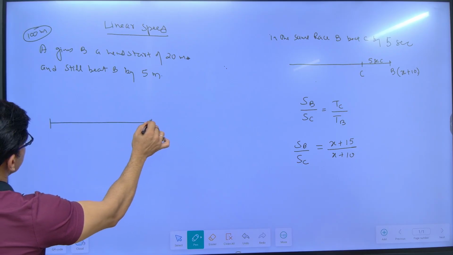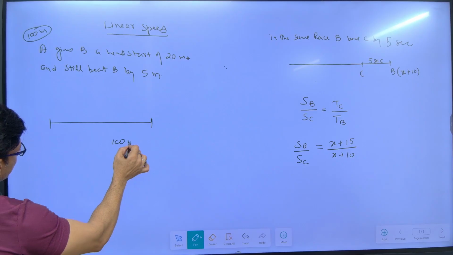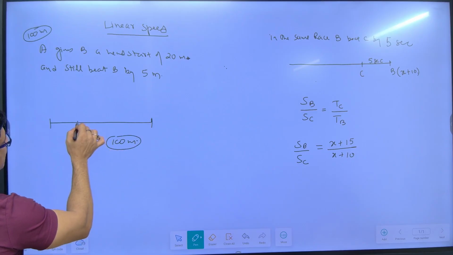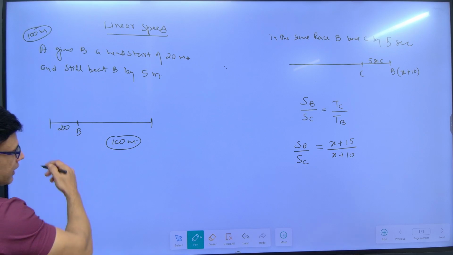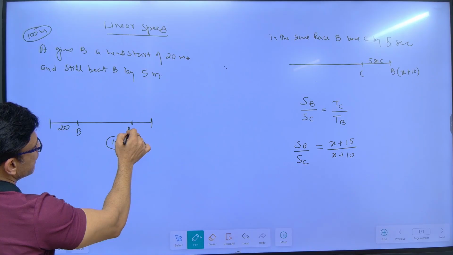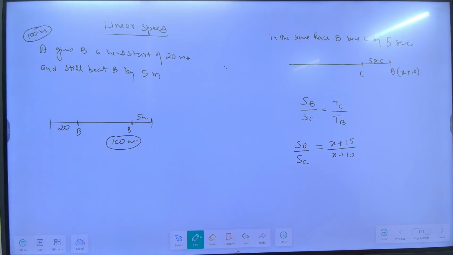See, by default, if race is not mentioned, in my case, you take 100 meter. तो जितने टाइम में A 100 दौड़ गया, since B was here, right? Initially he got a start of 20 meter. And when A is covering entire 100 meter, B is still here, 5 meter short. So in the same time, B has traveled 75 meters only or not? एक तो 20 मीटर का हेड स्टार्ट, फिर भी 5 मीटर से हार गया.